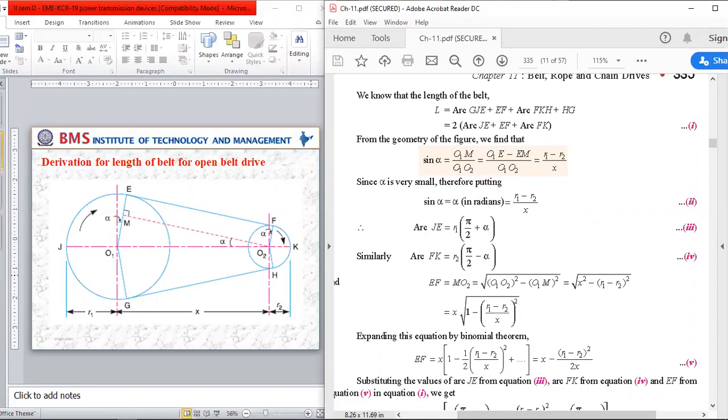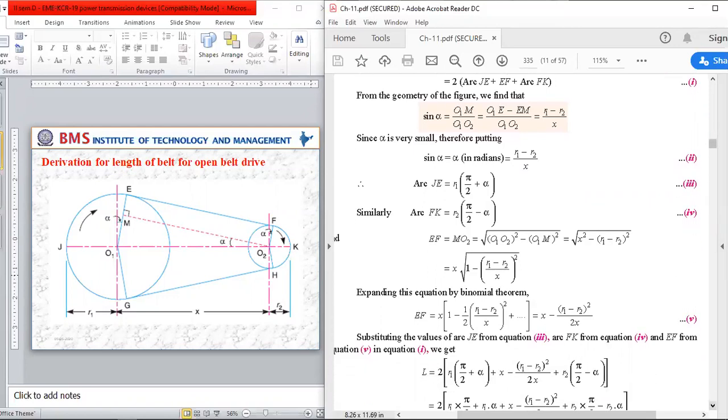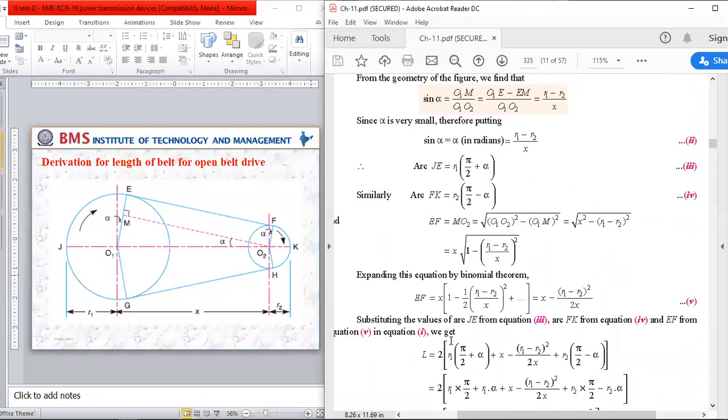So all these values you are going to substitute in the equation. L is equal to 2 into [R1 (π/2 + α) + x − (R1 − R2)²/2x], where I substitute the values of arc JE, arc FK and EF.